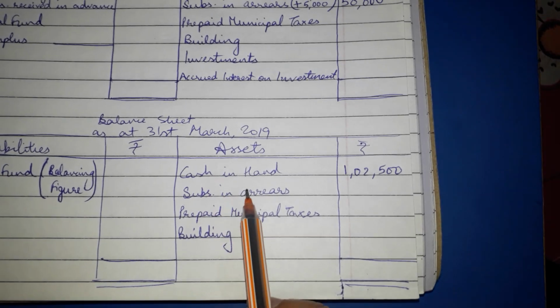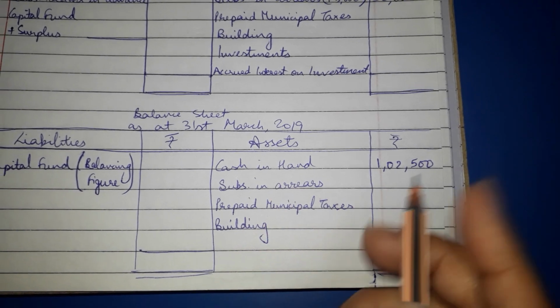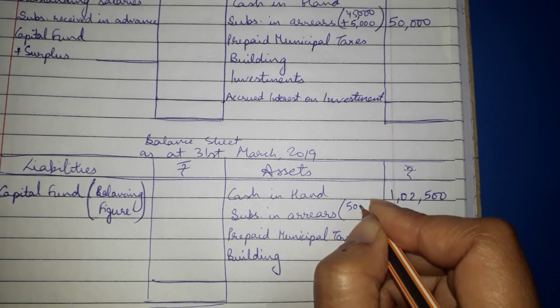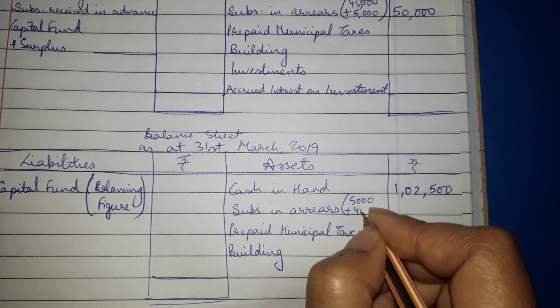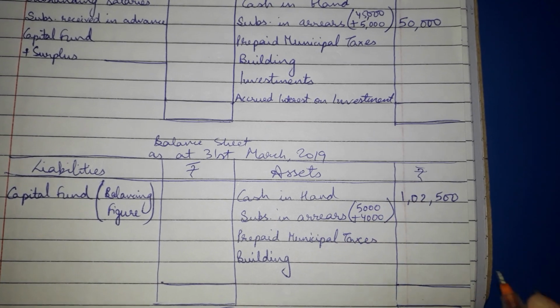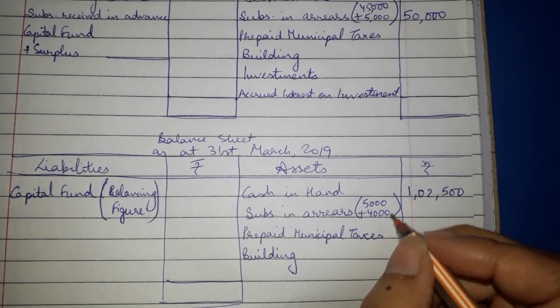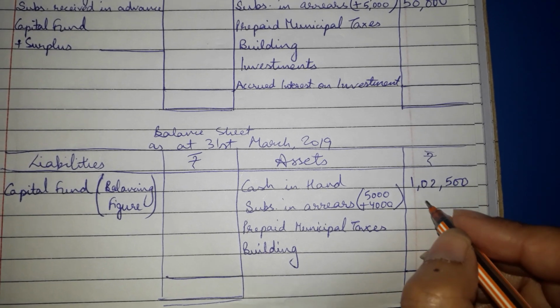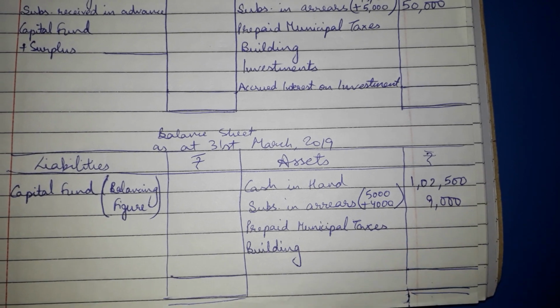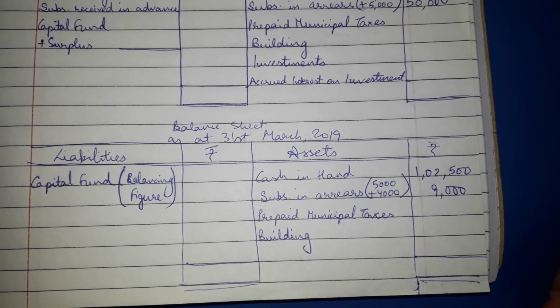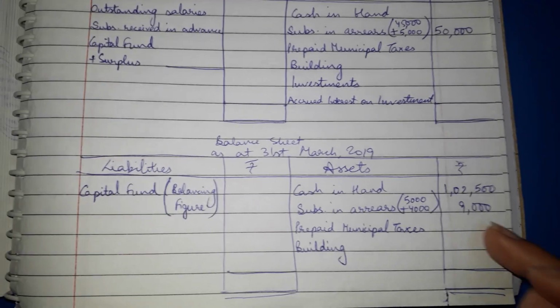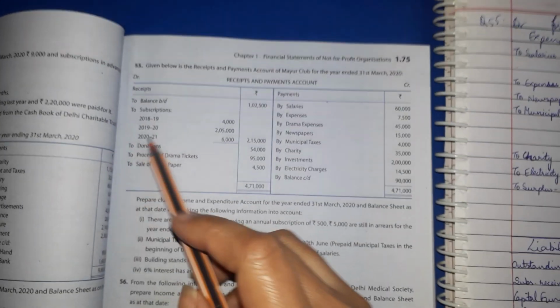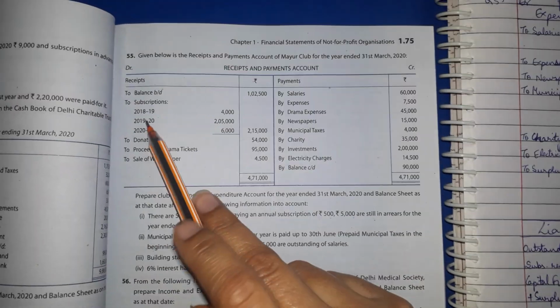That needs to be shown in the balance sheet of the previous year. Subscription in arrears 5,000 which is still in arrears plus 4,000 which is received in the current year. Thus it was outstanding in the previous year. So 9,000 will be the subscription in arrears for the previous year. Now we see this current year receipts and payments.